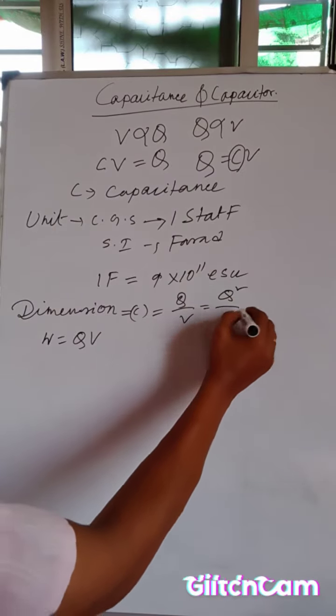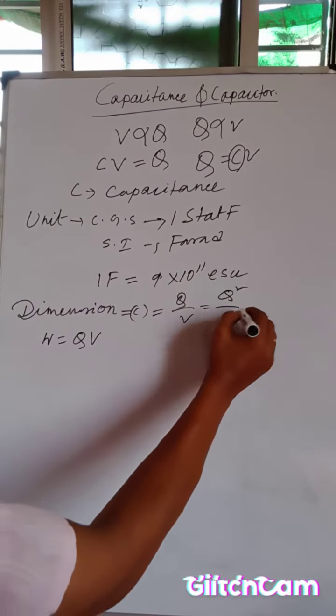If we place an uncharged conductor near the conductor whose capacitance we calculate, then the capacitance increases due to the presence of the other uncharged conductor. We will learn that point just after some points. These are the dependencies of capacitance.